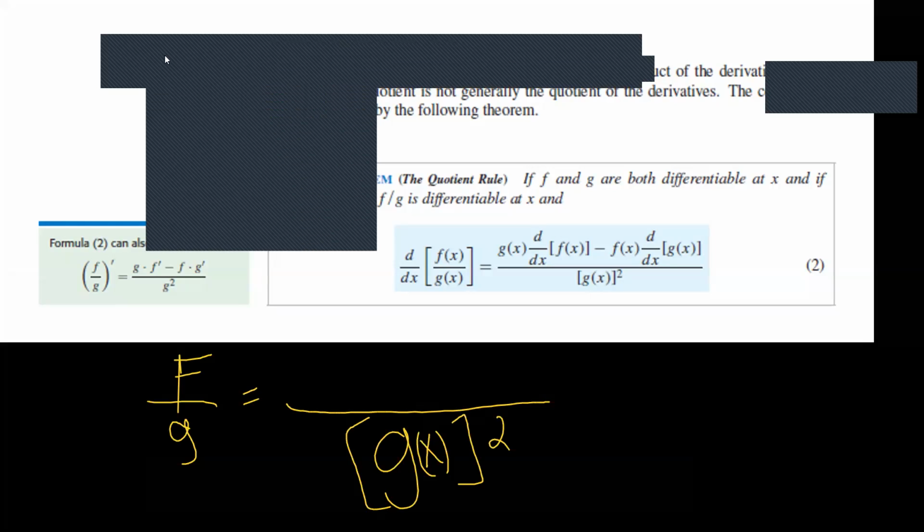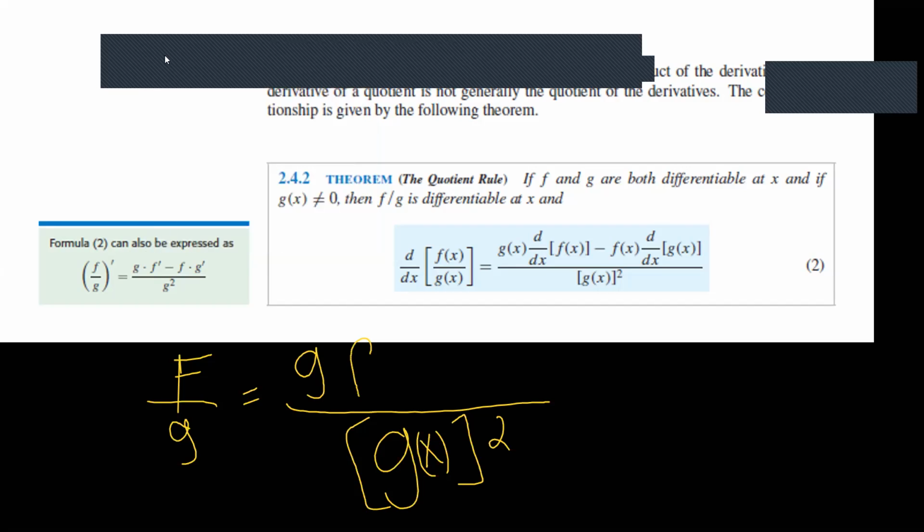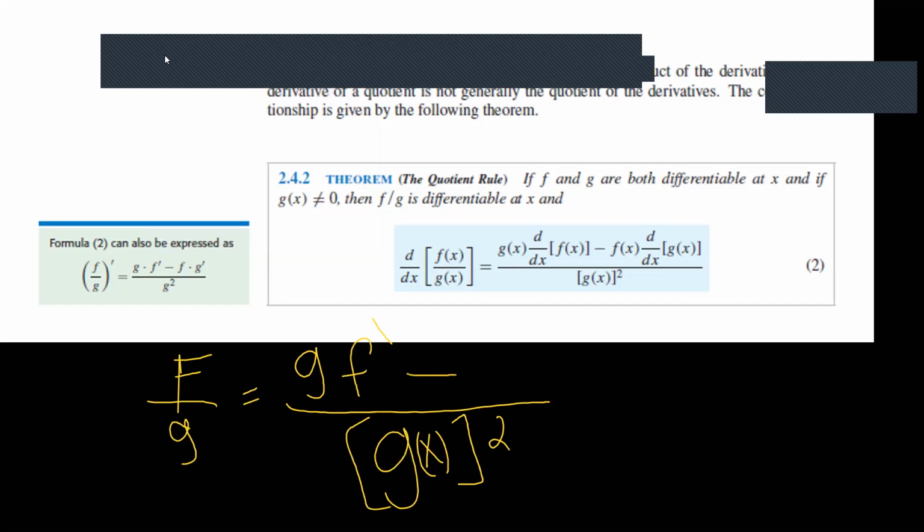I bring the denominator g and I put it down as a square without making anything. Then the denominator here is g, so I will start with g. I'll say g f prime minus the first one times g prime.